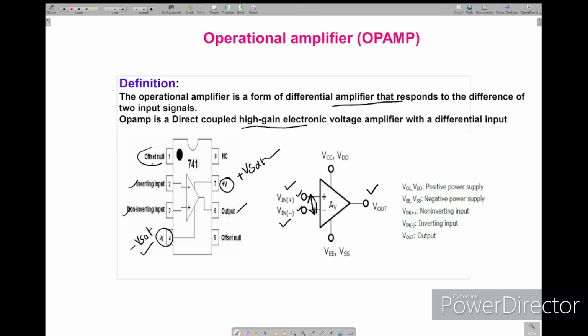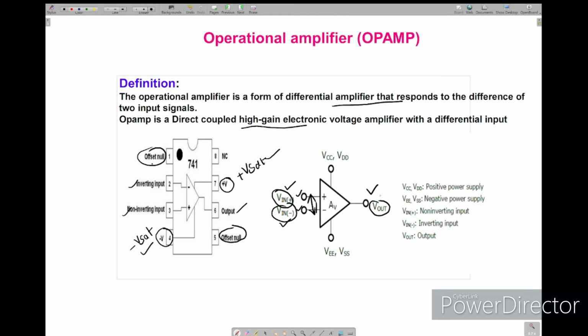The offset null pins are used when you are operating the op-amp in non-ideal conditions, meaning in practical applications, even though we are not giving any input at these two pins, we will get some output.